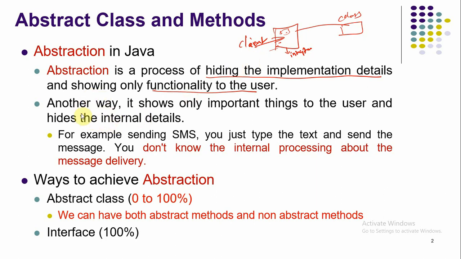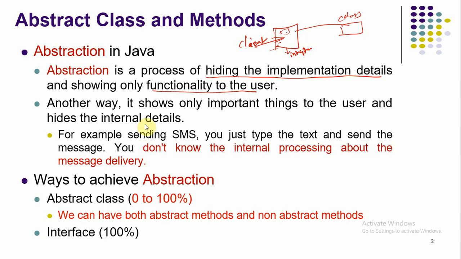For example, in real time you can understand abstraction. You can take your smartphone, and if you want to send an SMS or a WhatsApp message, it is very easy to open the application, type a message and just click the send button. But when you click send, you don't know that so many functionalities are happening in the background.